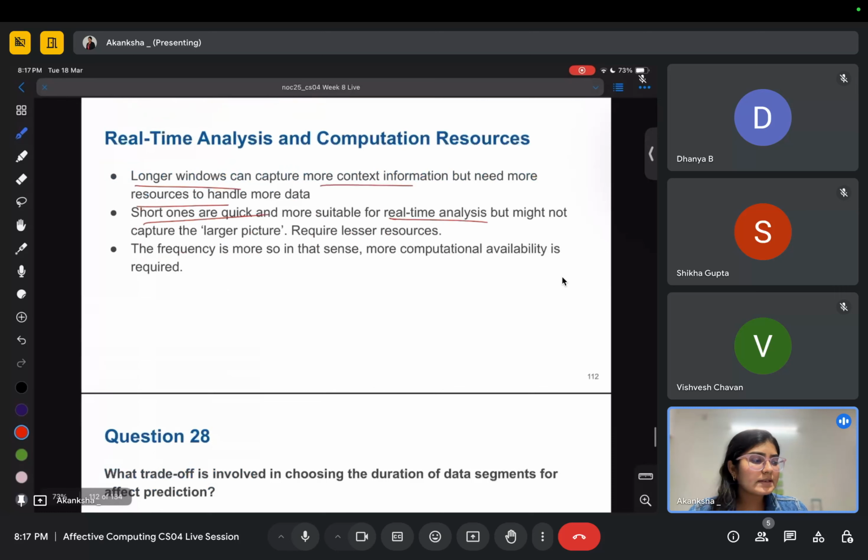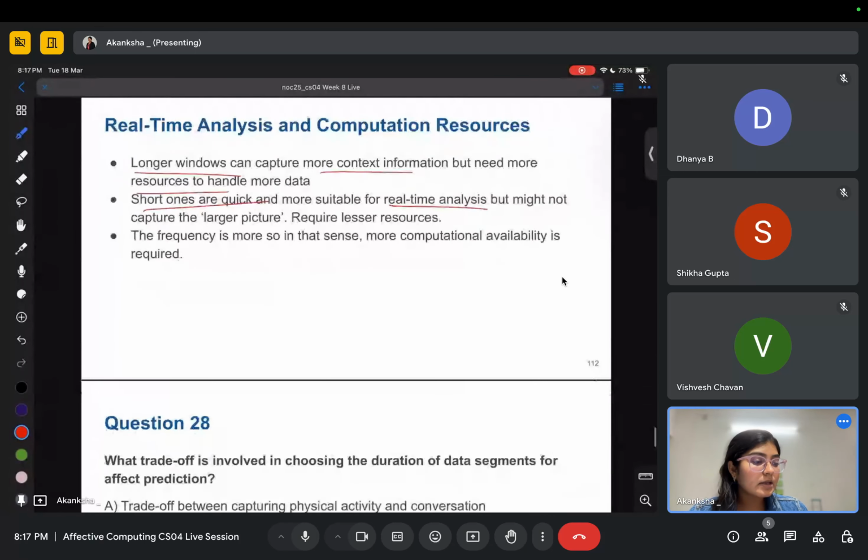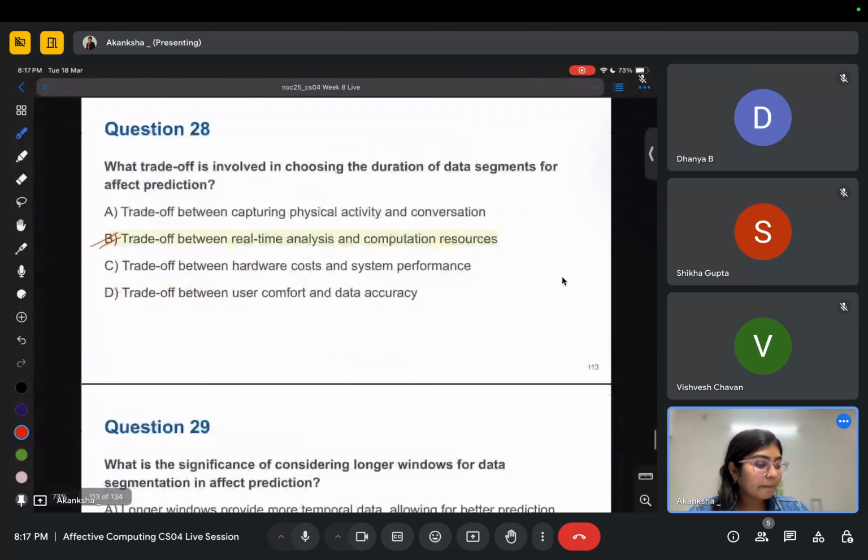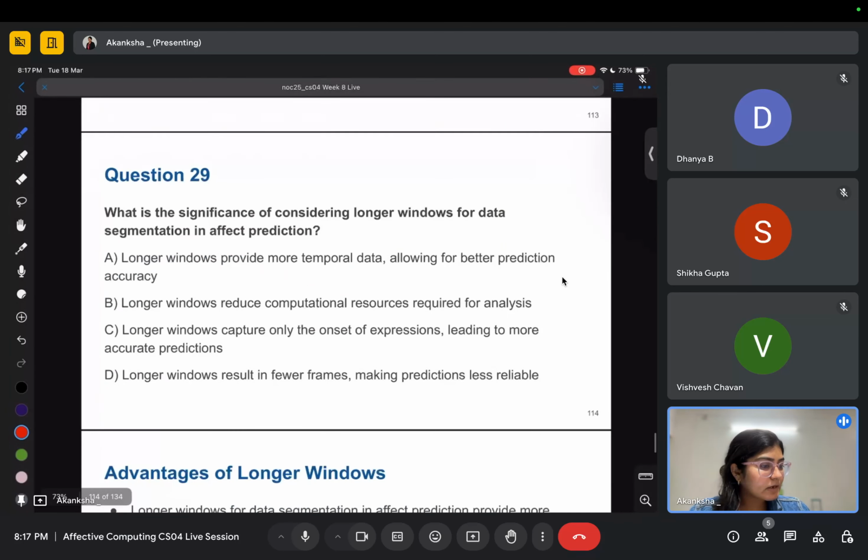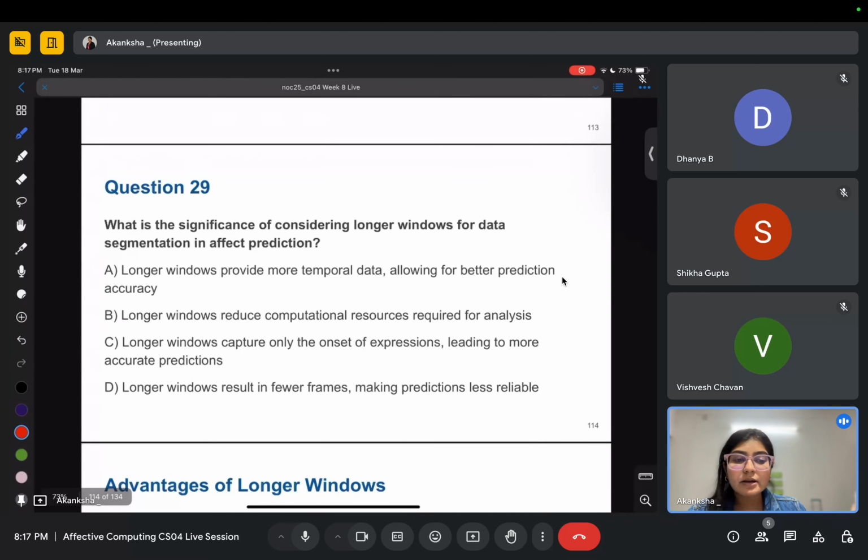So frequency is more, in that sense, more computational. Anyways, it is a trade-off between the larger window size and smaller window size and the computational resources, basically. So what is the significance of considering longer windows? Longer windows provide more temporal data, allowing for better prediction accuracy.